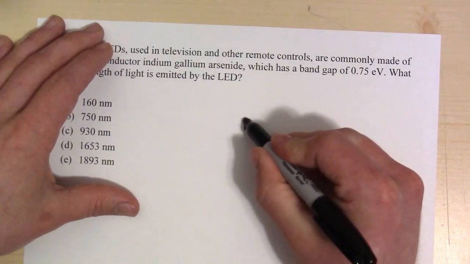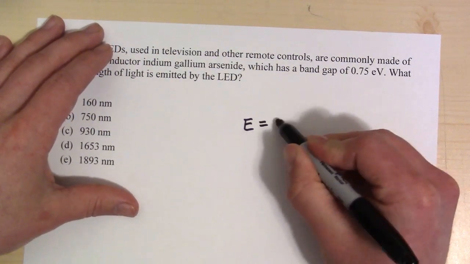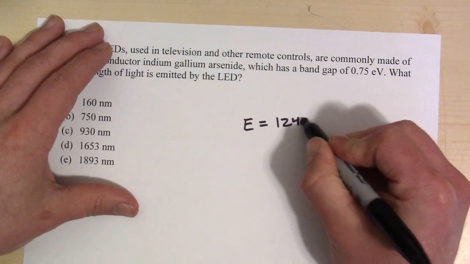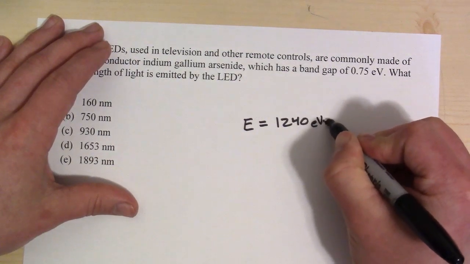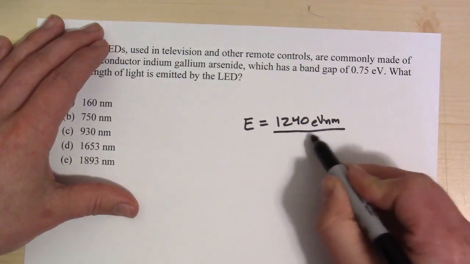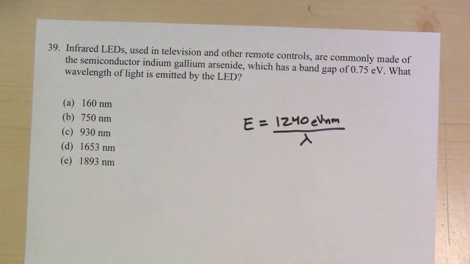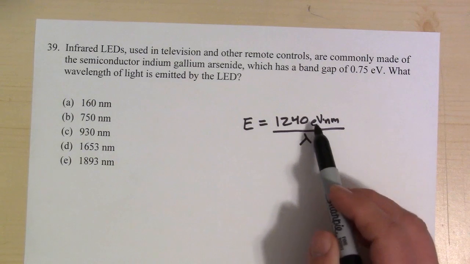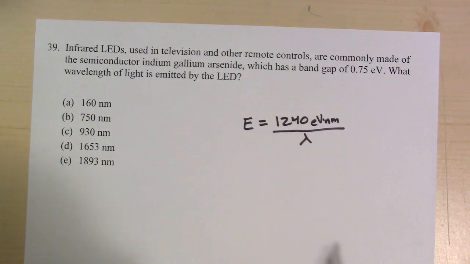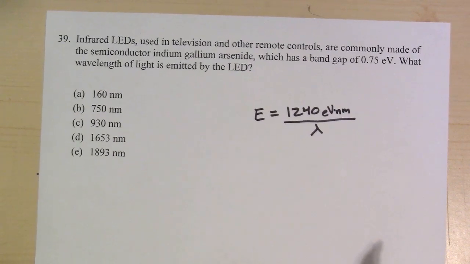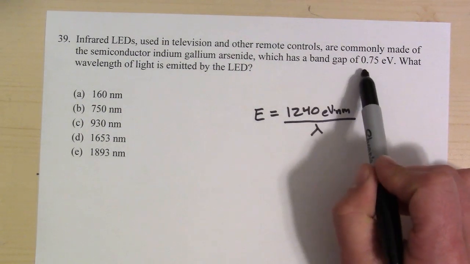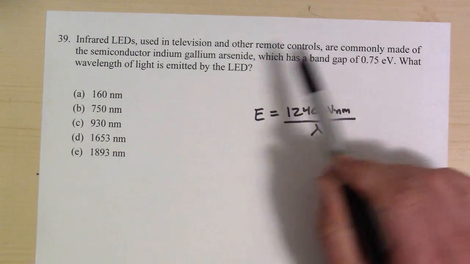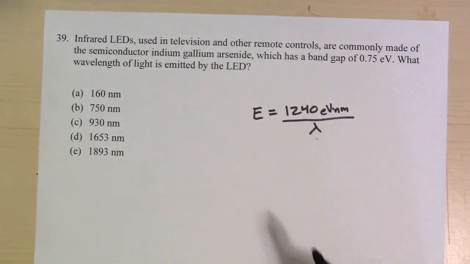So we'll write that here. The 1240 electron volt nanometers is a constant of this equation, and we're given that the band gap is 0.75 electron volts, and we want to know the wavelength, so we're solving for lambda.